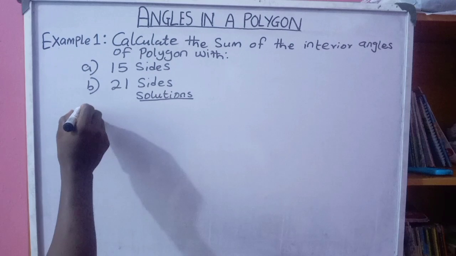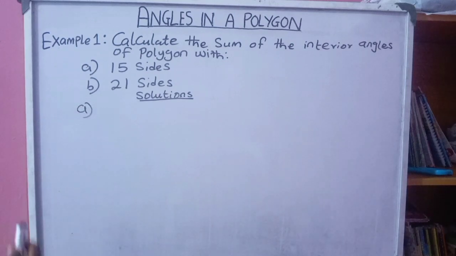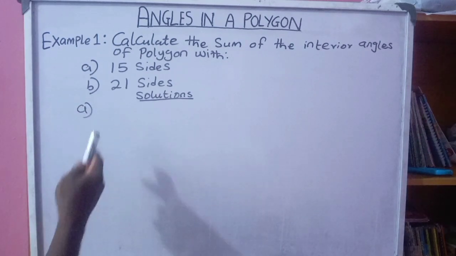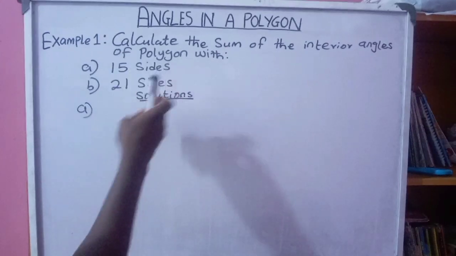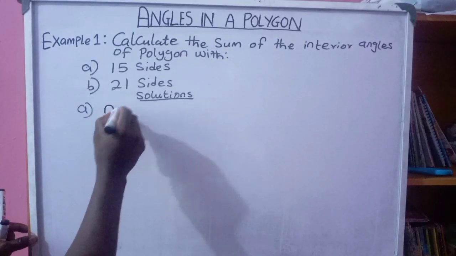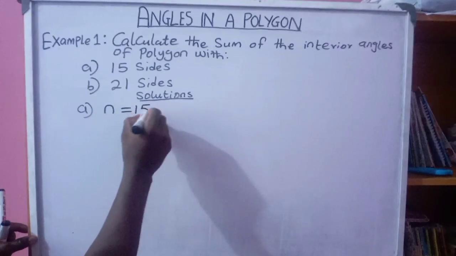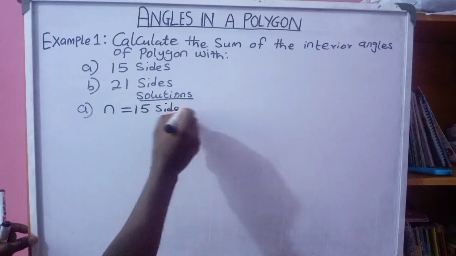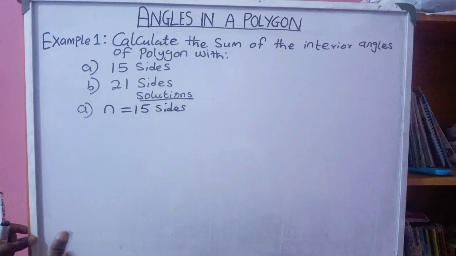For number A, the polygon has how many sides? 15 sides. That is to say, n represents 15, because n represents the number of sides, and we are asked to find the sum of the interior angles of a polygon with 15 sides.